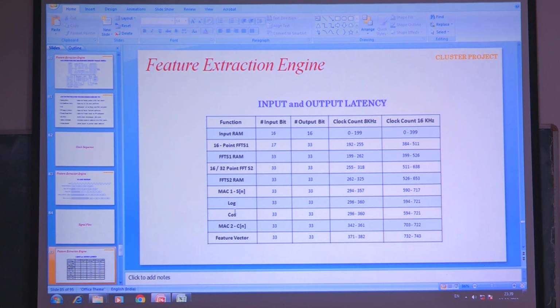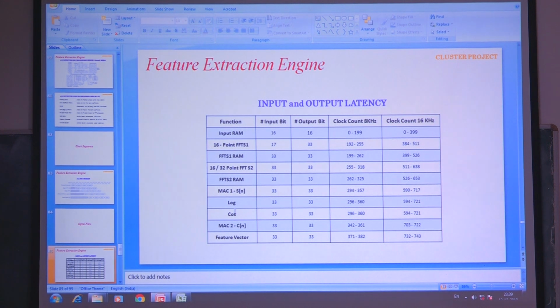But the starting operation is 342, but we'll get the first feature vector at 371 clock cycle for the 8 kilohertz and 732nd clock cycle for the 16 kilohertz. So from 371 clock cycle at continuous instances, we'll keep on getting the next feature vector for the continuous frame without any gap other than the idle time.